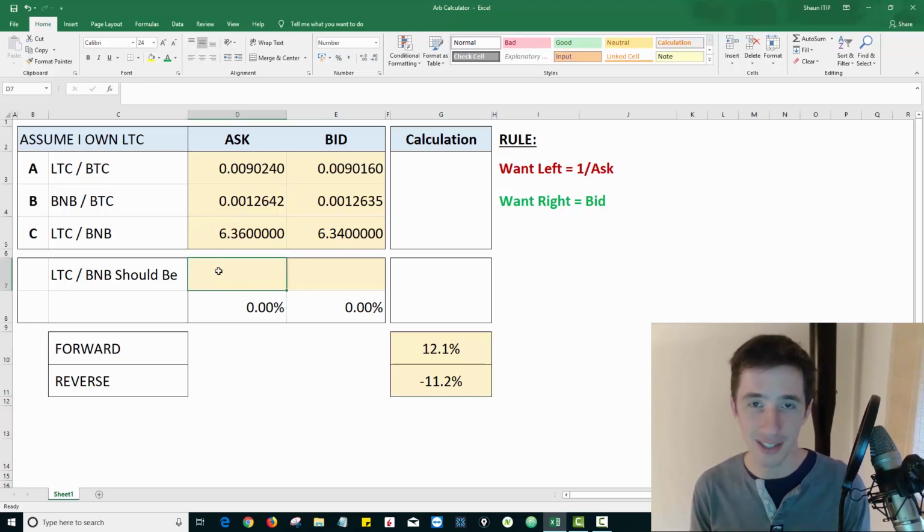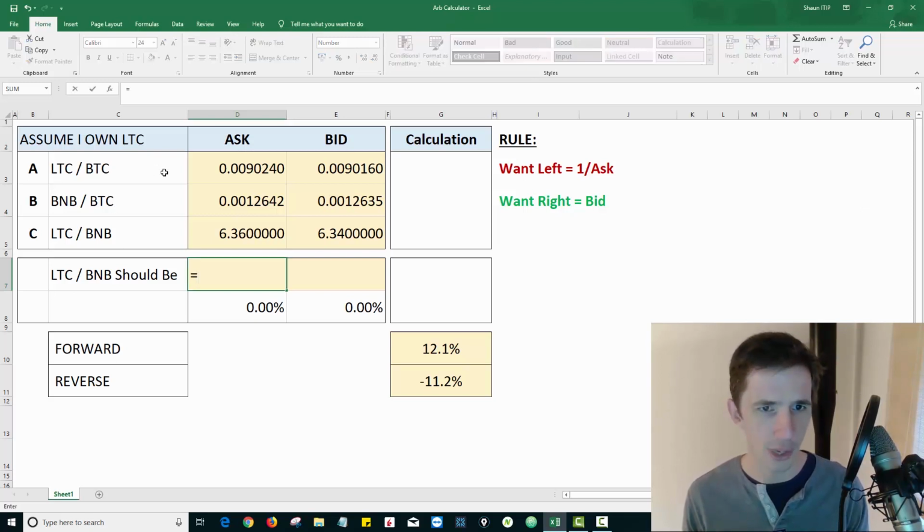Now, another way you can sanity check your workings, i.e. should there be an arbitrage opportunity, is to calculate what I understand and call the parity over here. So Litecoin to BNB should be what? Well, if I think about it, I've got Litecoin to BNB at 6.36, but here I've got Litecoin to BTC and BNB to BTC.